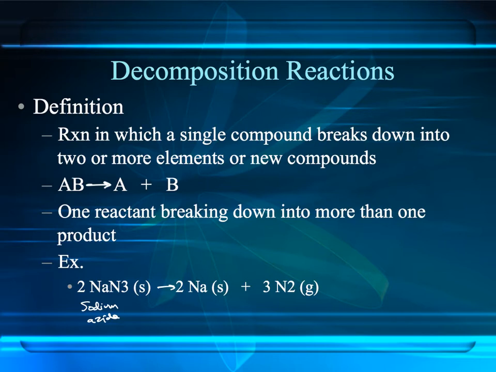Sometimes you just need to give it the right kind of spark to get it going. This one, for instance, is almost shock sensitive, and once it goes, it breaks apart, you get sodium metal, and you get nitrogen gas. And so where is this used in the real world?